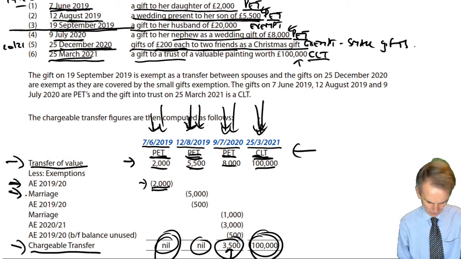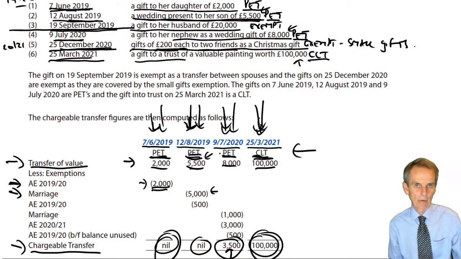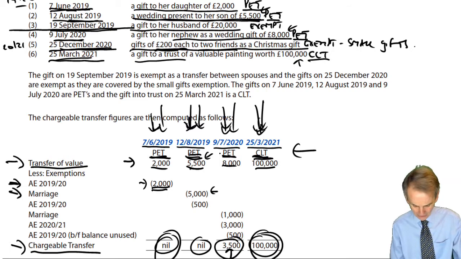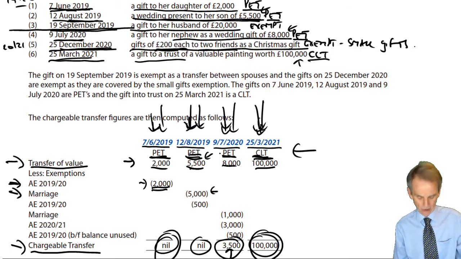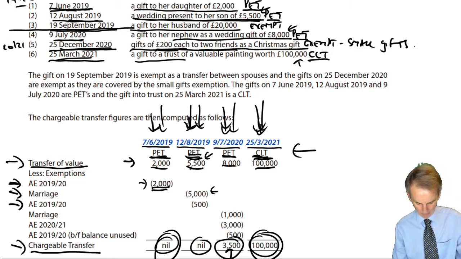Therefore, the marriage exemption, how much went to your direct descendant there, your son or daughter? £5,000. The transfer of value is 5.5, so after the marriage exemption has been used, which now it has been, any further transfer of value remaining chargeable, we can now revert to our annual exemption.